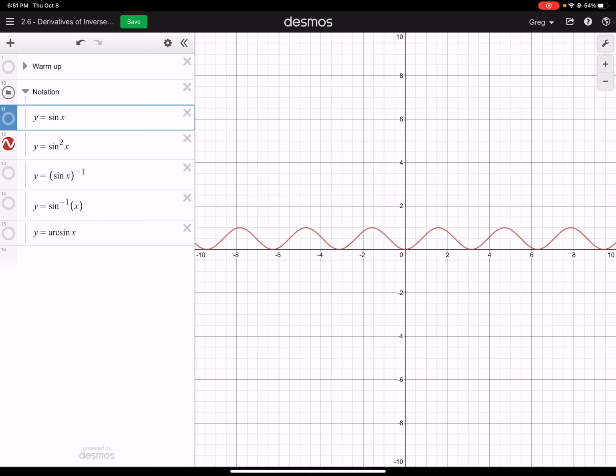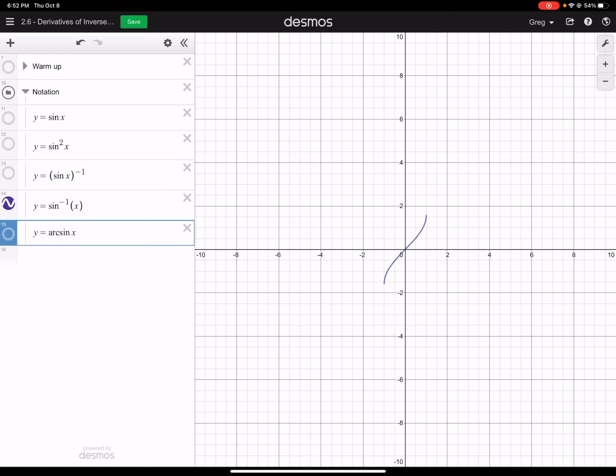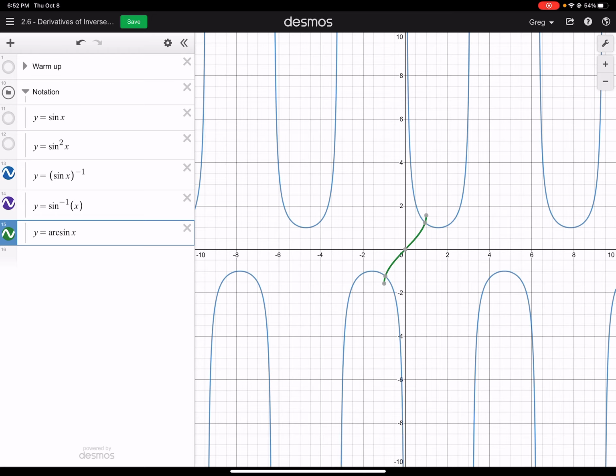But it doesn't work for sine to the -1, right? So just to show us, sine to the -1 is the arc sine of x, right? So here, this is the inverse sine with that notation. This is the inverse with our green notation, or our arc sine notation. That's not the same as the negative first power.